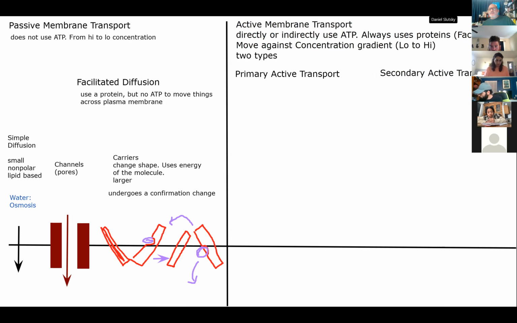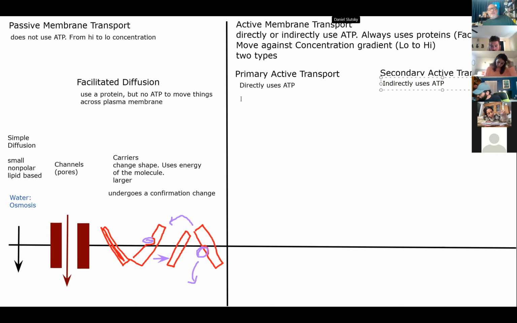With primary active transport, this one directly uses ATP, and secondary active transport indirectly uses ATP. And we'll explain what that means in just a second.